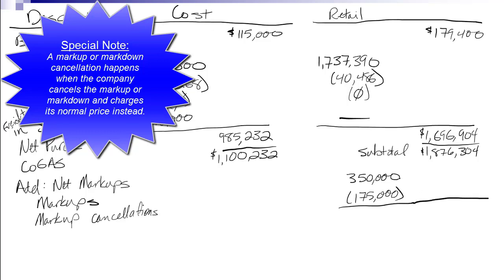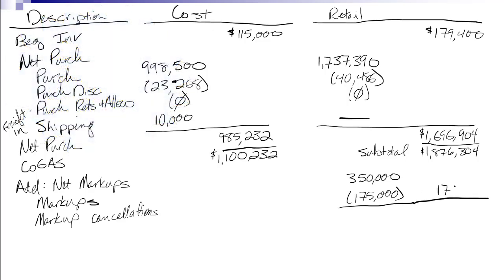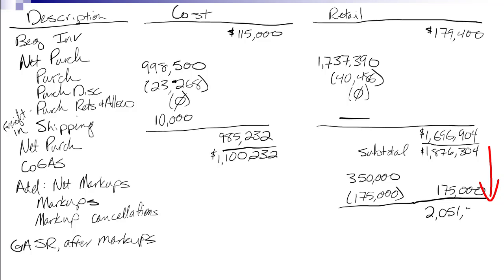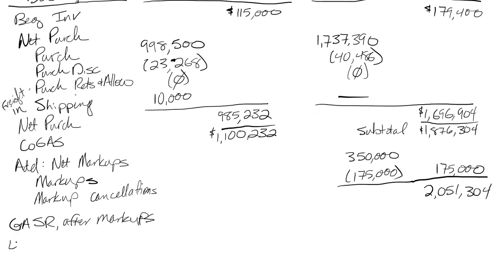So my net markups, if I take 350 minus 175, I get a positive 175,000, and I'm going to call that goods available for sale at retail after markups. So that's the 1,876,304 plus the 175. That's going to give me $2,051,304.